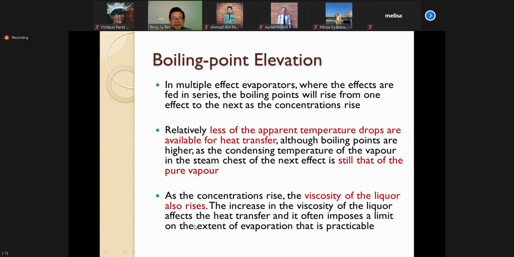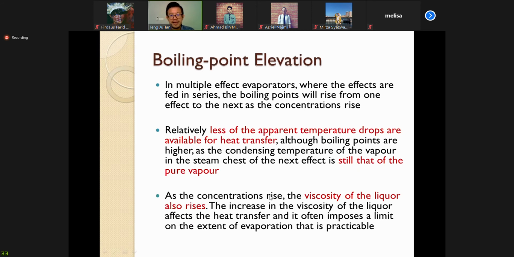In multiple effect evaporators, where the effects are fed in series, the boiling point will rise from one effect to the next as the concentration rises. Relatively less of the apparent temperature drop is available for heat transfer, although boiling points are higher, as the condensing temperature of the vapor in the steam chest of the next effect is still that of the pure vapor.